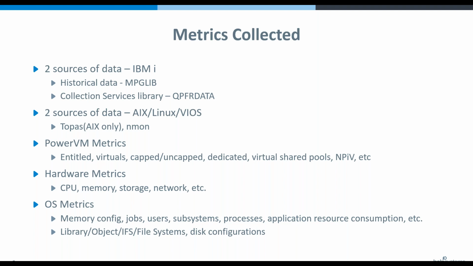Our sources for data on IBMi: the historical data is put into a library called MPG-lib, and we're using the collection services data, which is typically turned on on everybody's system and running in the background today already. All we do is we condense that data. We reduce the amount of disk space that data is taking.